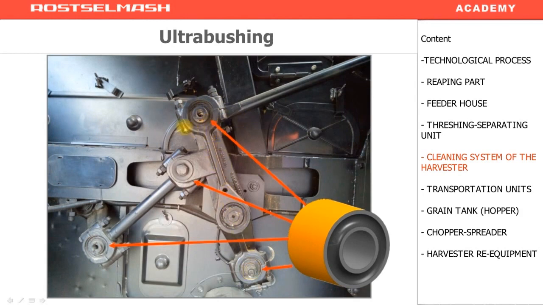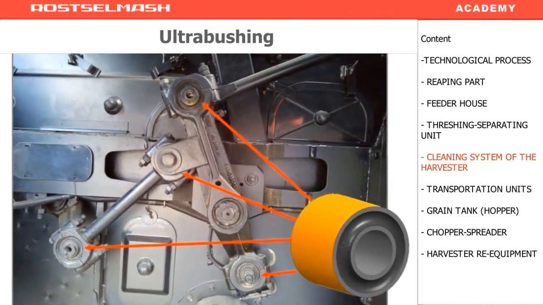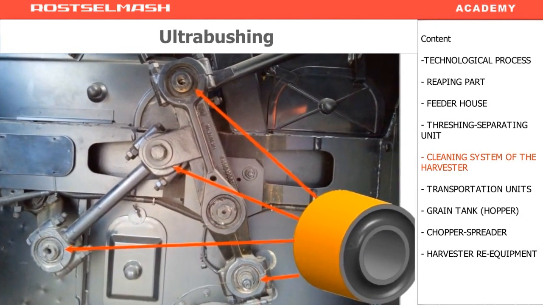And only after that, you can press the covers. This way we will extend the operation time of the ultra bushings. If the lever is set not in the end position, the wear of the bushings will not be proportional. On the one side, the bushing will have a big operational range, while a lot of pressure will be put on the other side. In such working conditions, the ultra bushing wears out very fast.